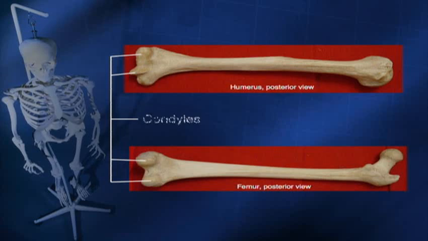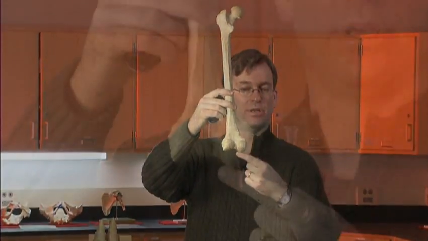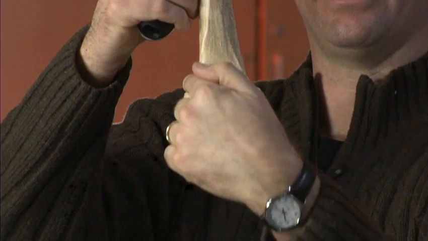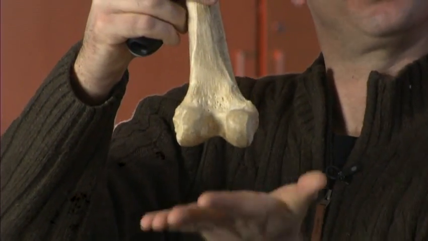Structures called condyles. What are condyles? Condyles are a curved surface that form a joint. Like if we were looking at the end of this femur, for example, this would be a condyle and this would be a condyle. This is going to form part of the knee joint. Well, they have similar names because they have similar structures with similar functions.